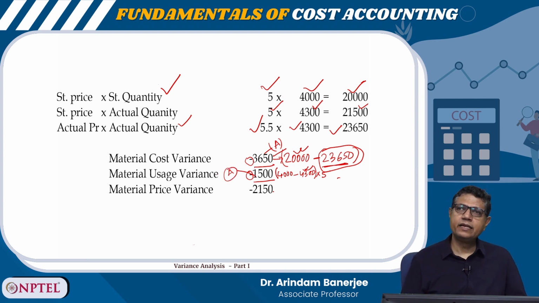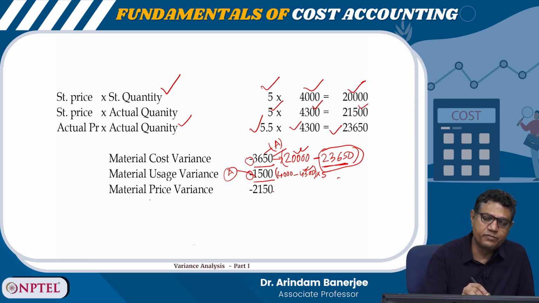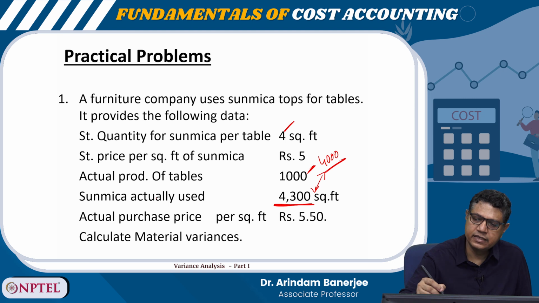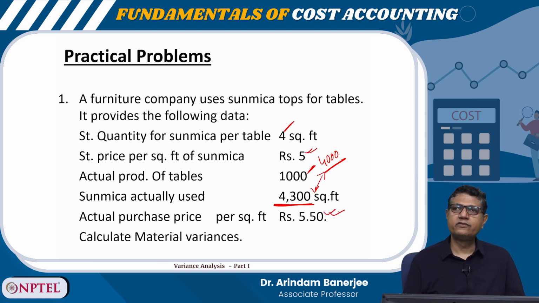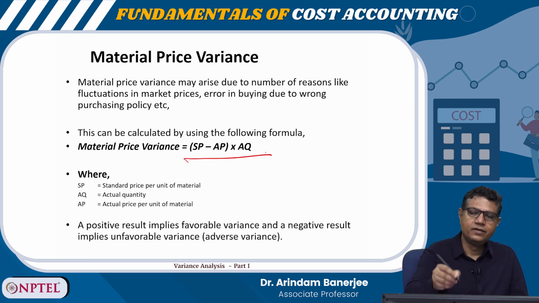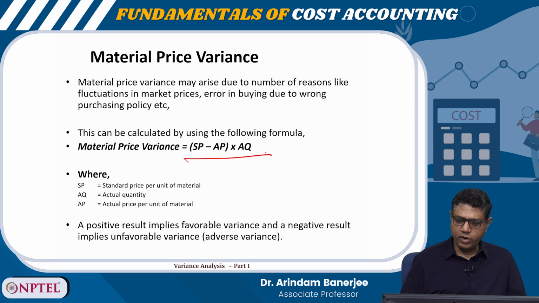There could be another reason for this variance, which is the variance in price. If I go back to the question, the standard price is 5 per square foot, but actual price I paid more, that is 5.50. The formula for price variance is standard price minus actual price into actual quantity.